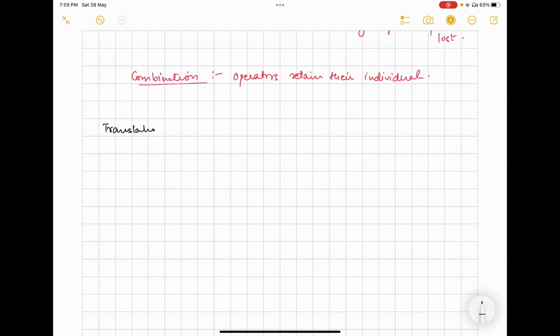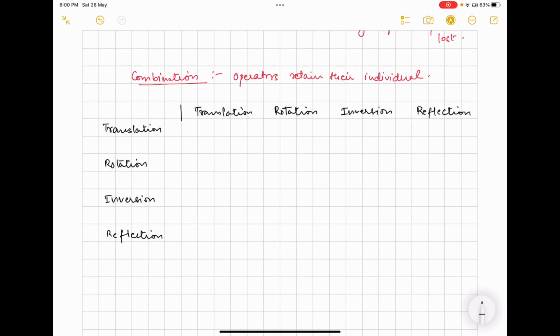So, we have translation, rotation, inversion, and reflection. Here again translation, rotation, inversion, and reflection. Let us make one table out of these operations.